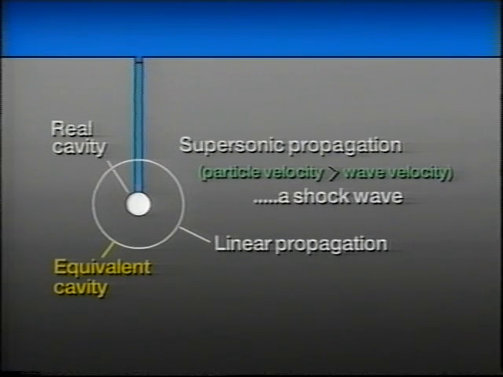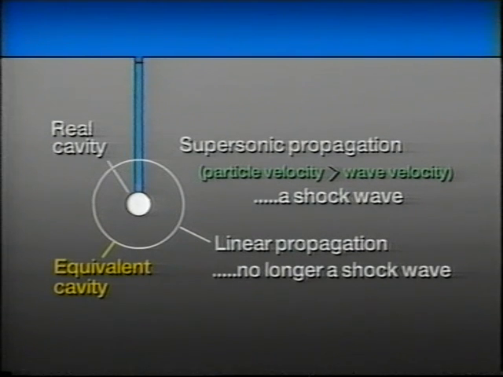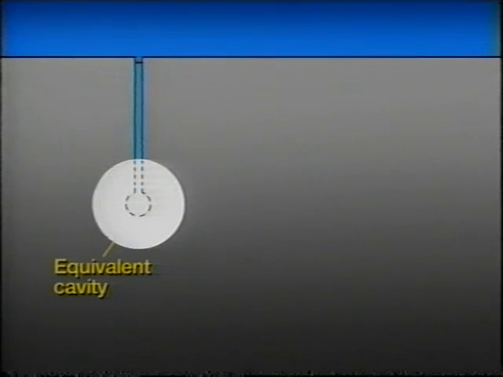It is usually much larger than the real cavity. Perhaps it is several meters across. Beyond this, the propagation is linear, and we can use all the simplifications that go with linear processes. The wave is no longer a shock wave, but a linear elastic wave. Then we can regard the equivalent cavity as our effective source of spherical waves.